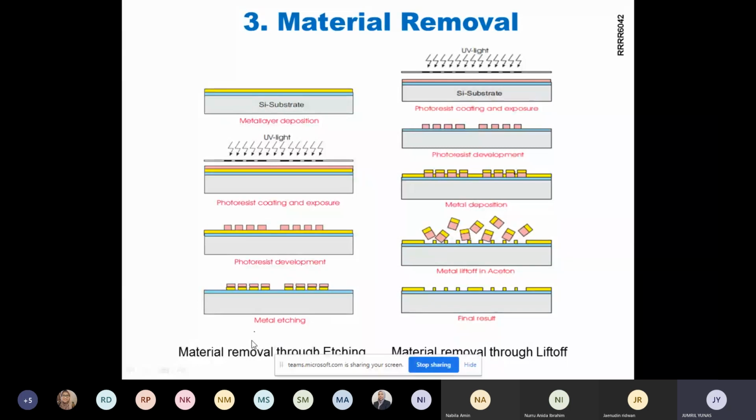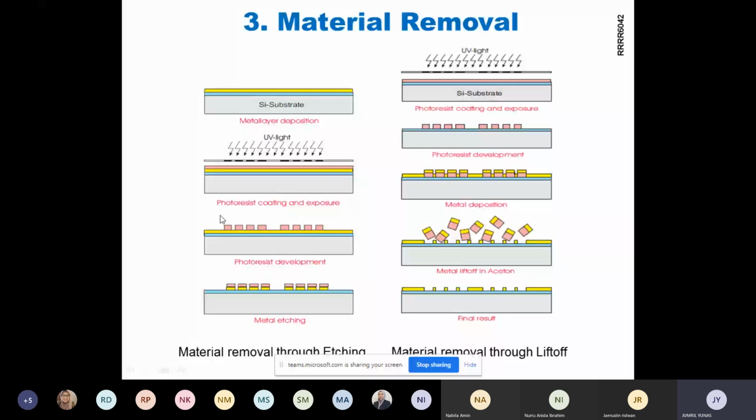For the material removal through etching, first we have the metal layer that is already deposited, either by sputtering or vacuum evaporation, and then we coat our photoresist. We do the first photolithography.